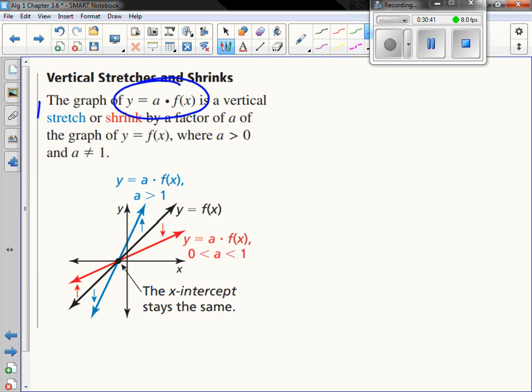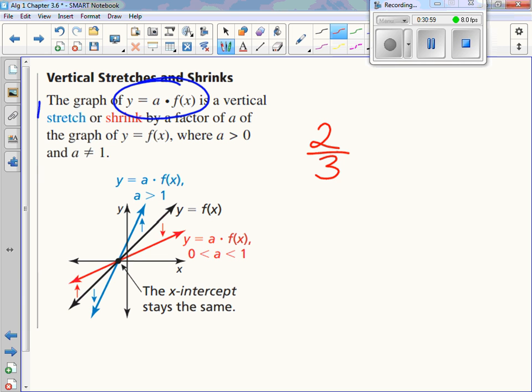So, is 2/3 greater than 1? No, so under this, it would be a shrink because it's less than 1.